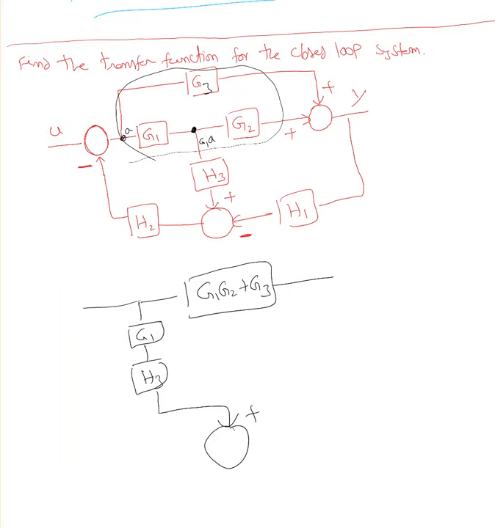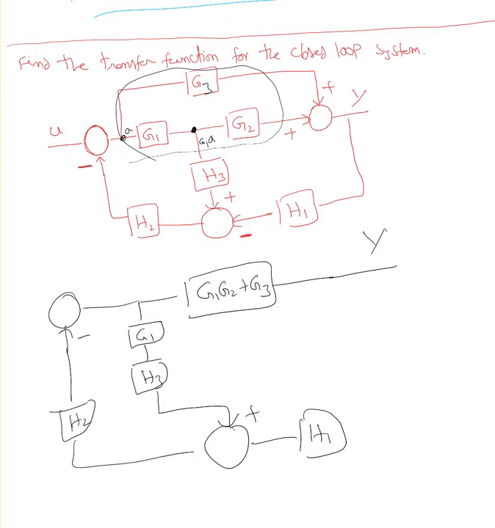Z1 Z2 plus Z3. Now I can eliminate the summing point because the two of them are connected together. Y, and here I have H1 coming and I have a summing point there, minus H2 is going over there. This is also minus here.